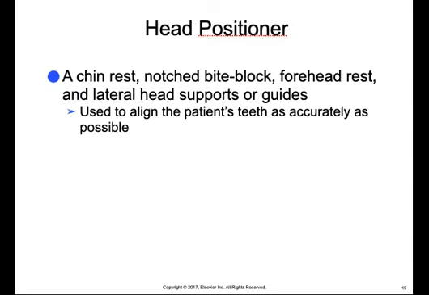So you have to make sure that your patient is biting with their anterior teeth edge to edge into that notched bite block. Their forehead should be placed against the forehead rest, and the lateral support should be guided so that they touch the sides of the patient's head.